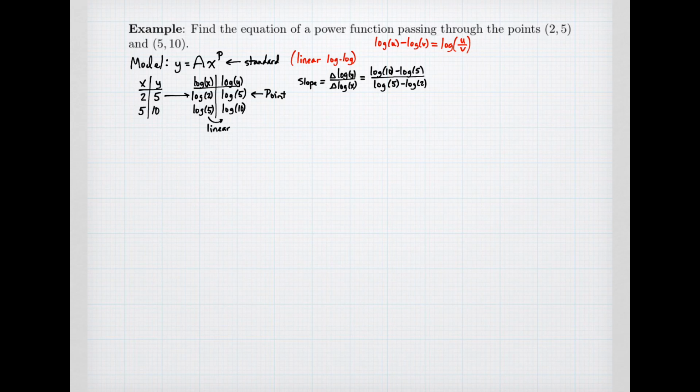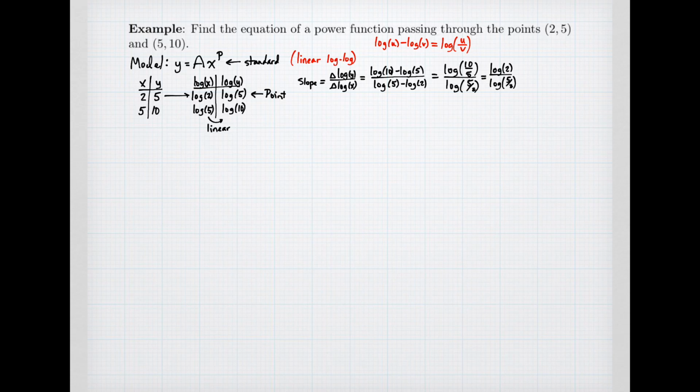And so when I apply that, my slope is the logarithm of 10 divided by 5 on the numerator, and on the denominator the logarithm of 5 divided by 2. Which we could simplify. 10 over 5, that's 2. So log of 2 over the log of 5 halves. I'll leave it that way, but I could have written 2.5. That's my slope.